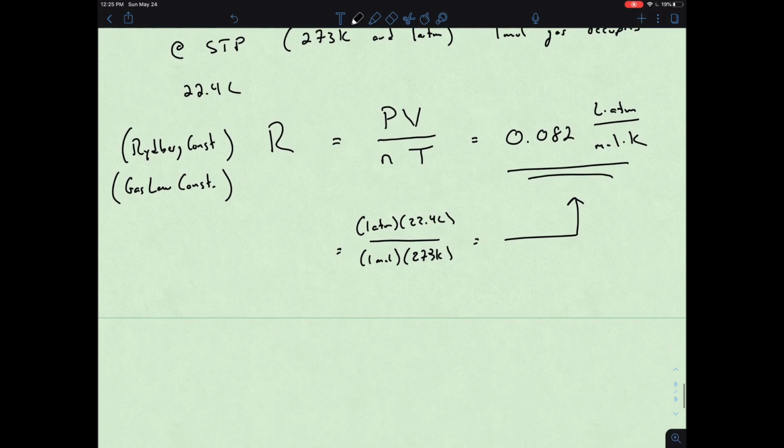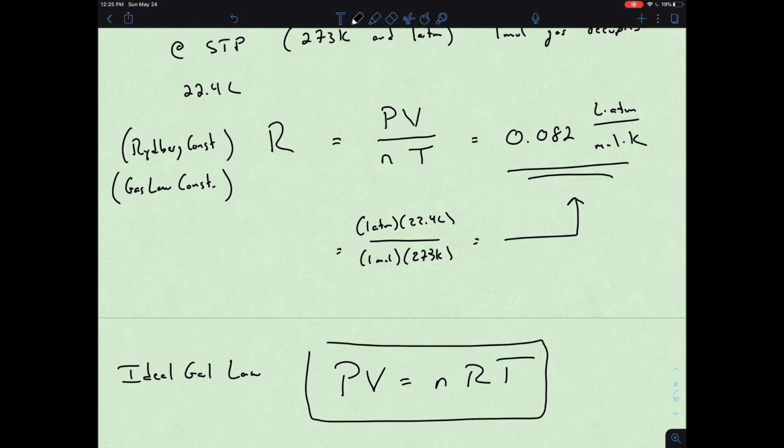And that's known as our ideal gas law representation, or PV equals nRT. So as long as we know 3 of the conditions, we know the 4th. That's kind of the idea. So if we know volume, moles, and temperature, we automatically know pressure. If we know pressure, volume, and moles, we automatically know temperature.